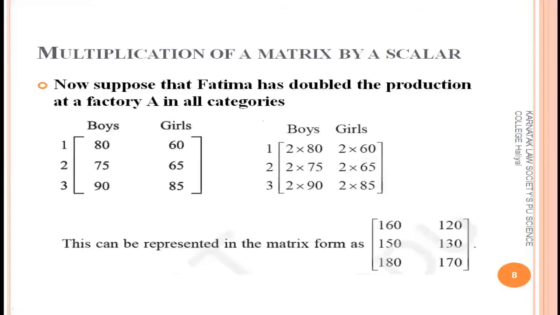In this way we will double the production of factory A, and this is represented in the resultant matrix as 160, 120, 150, 130, 180 and 170. If A is one matrix, instead of 2, you take any one scalar quantity K, then KA, that is resultant matrix, is obtained by multiplying each element of A by the scalar K.